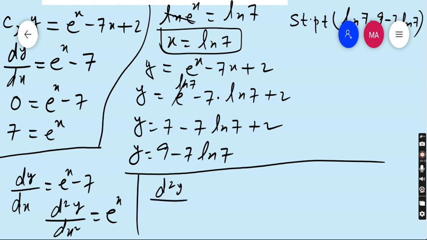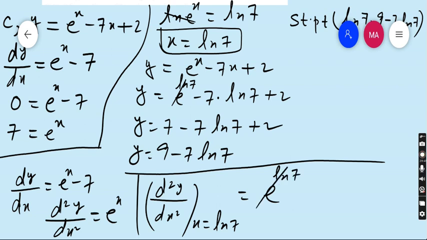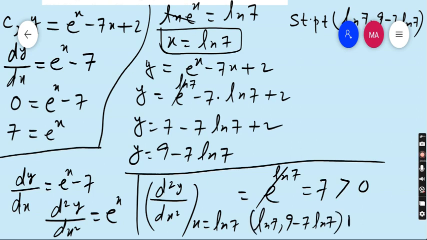Substitute the value of x, which is ln 7, into this second derivative. So e^x, x is ln 7, ln and e cancel, 7 is greater than 0. Greater than 0 means minimum. Hence at ln 7, our stationary point (ln 7, 9 minus 7 ln 7) is minimum. So a small question, a small part as compared to the previous parts A and B.